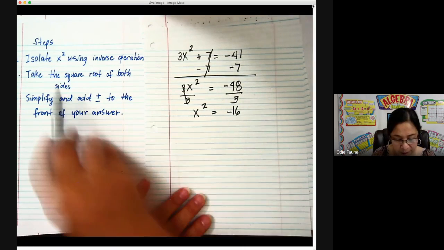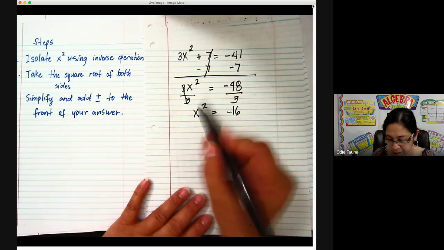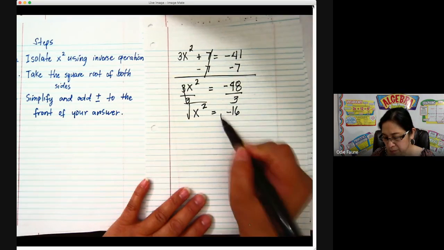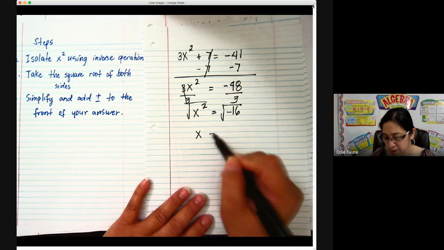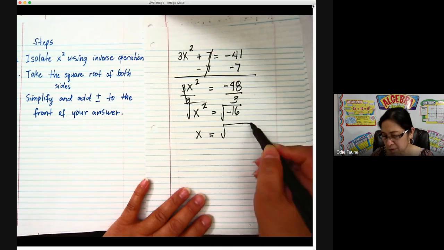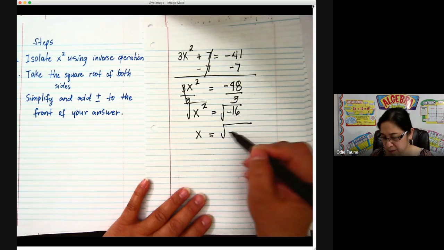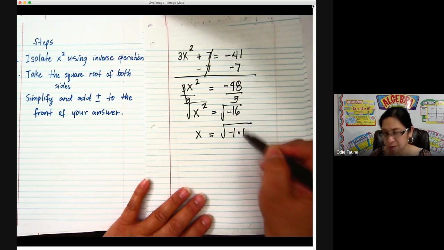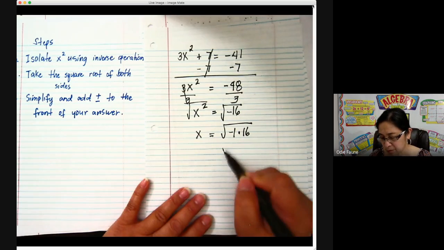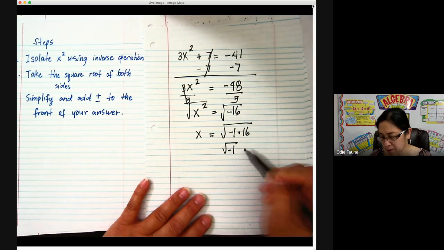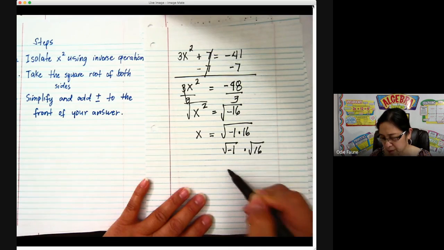Again, take the square root of both sides. The square root of x squared is x. And again, let us factor this. Let us separate the negative 1 from the 16. Negative 1 times 16 is negative 16. But we know the square root of negative 1 is equivalent to i.